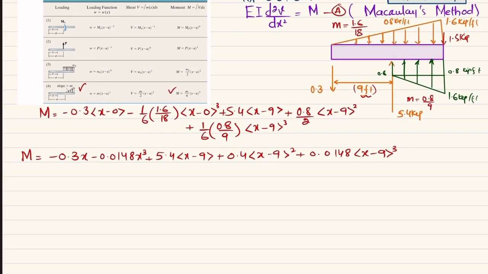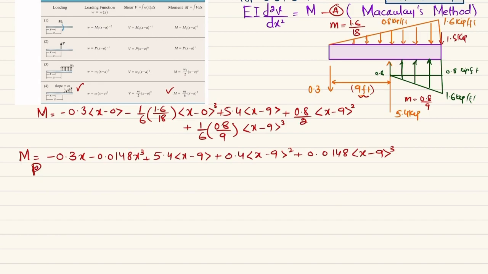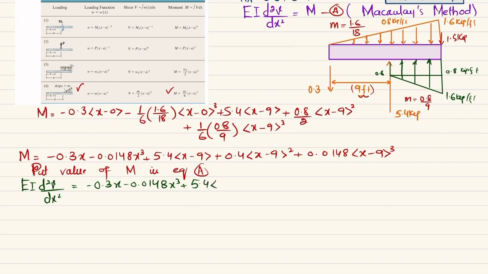Now it's very easy. Put the value of m in equation A. Put value of m in equation A. So you will get EI into d square V over dx square will be equal to minus 0.3 times x minus 0.0148 x cube plus 5.4 into x minus 9 plus 0.4 into x minus 9 power 2 plus 0.0148 into x minus 9 power 3.